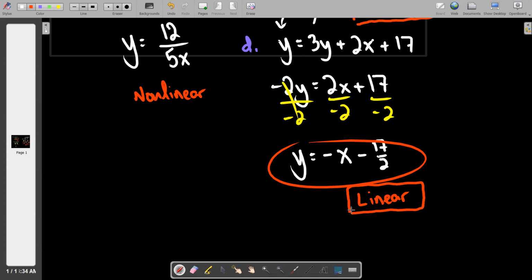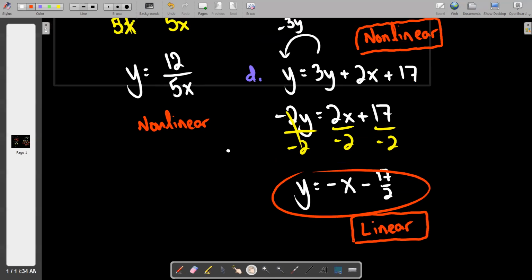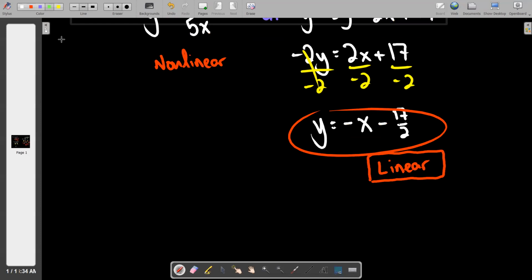Okay, before we change pages here, I wanted to put this in plainer English. This will get you through this part of the test. The first thing that's ever going to make you say non-linear, so you can put this in your notes if you'd like, it's up to you.